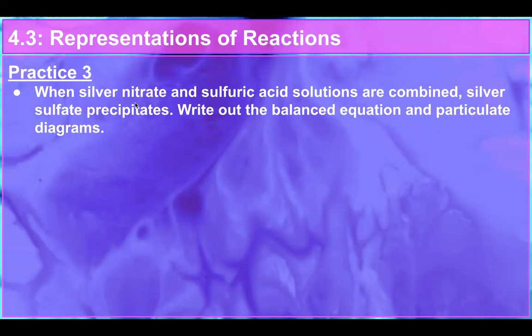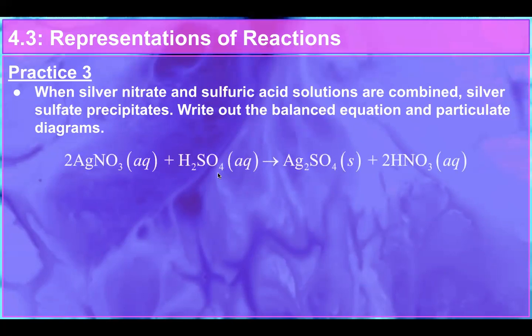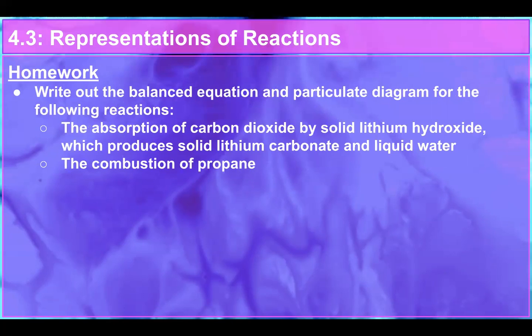But go ahead and write out the balanced equation and then draw a particulate diagram for that. Okay, so this is our equation. But like I said, I will provide you with that particulate diagram later.